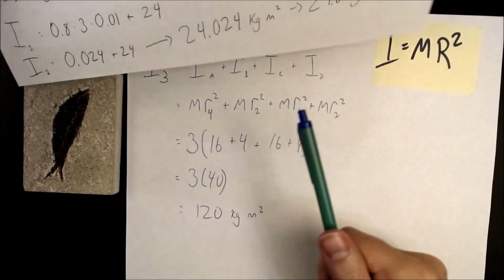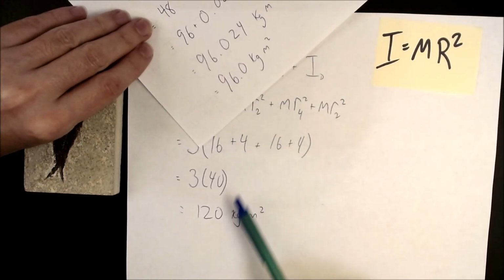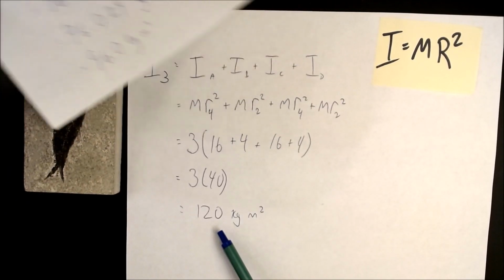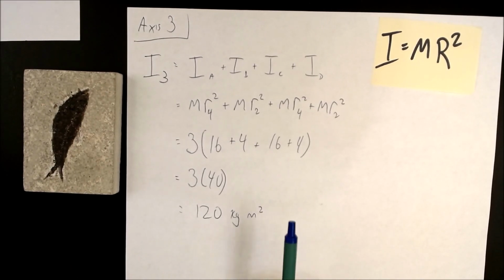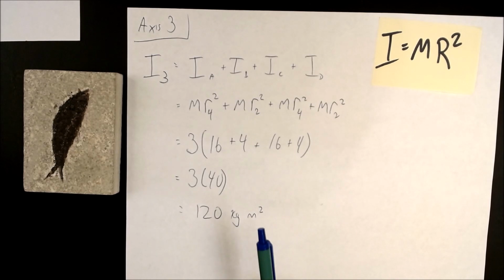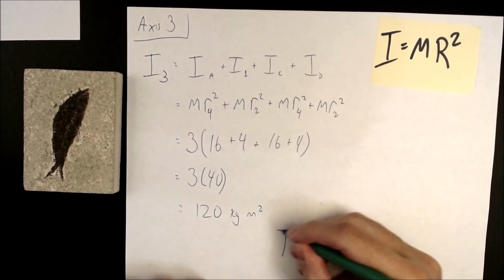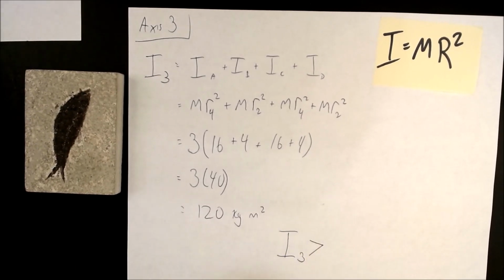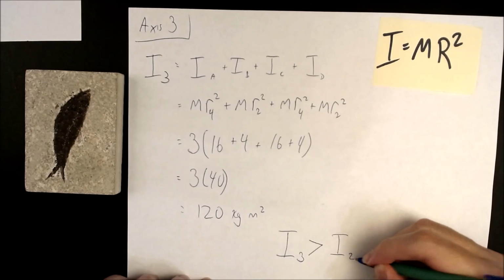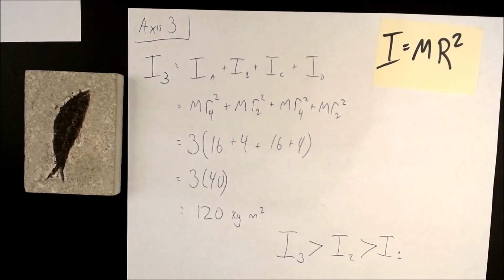You'll notice that the 24 plus the 96 is equal to the 120, which is mostly just a coincidence. It's not actually saying anything that interesting, but it's neat. Therefore, we have shown that the moment of inertia around axis 3 is greater than the moment of inertia around axis 2, which is greater than the moment of inertia around axis 1.